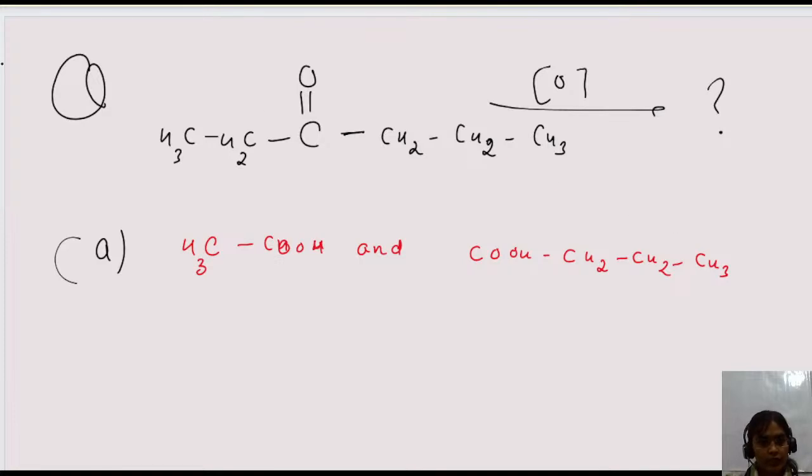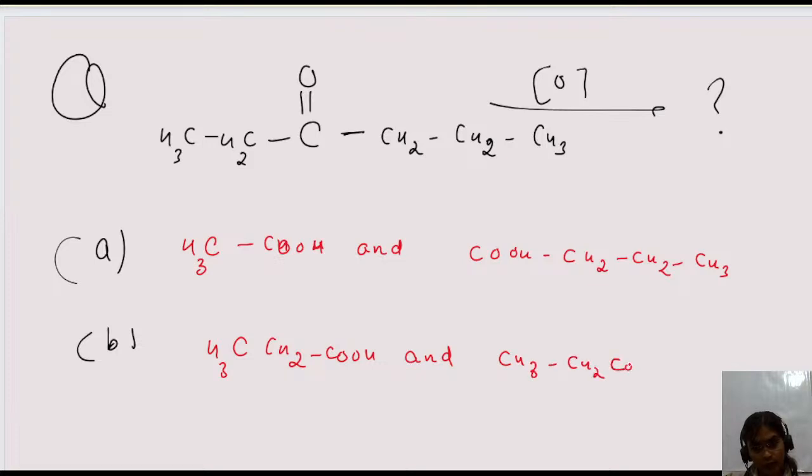Only two options. Which one is the feasible answer here?